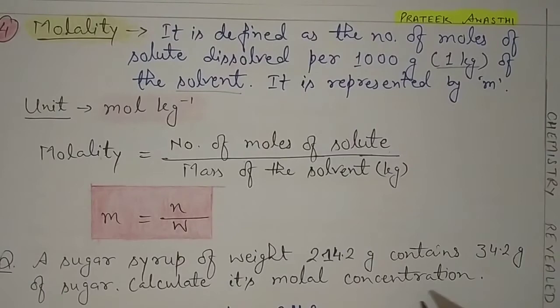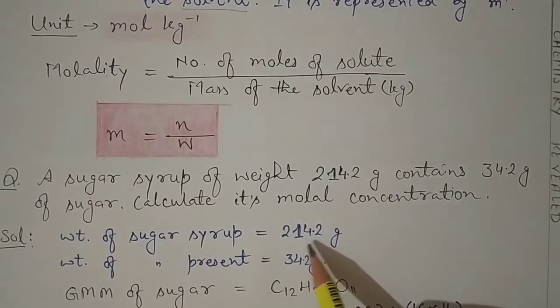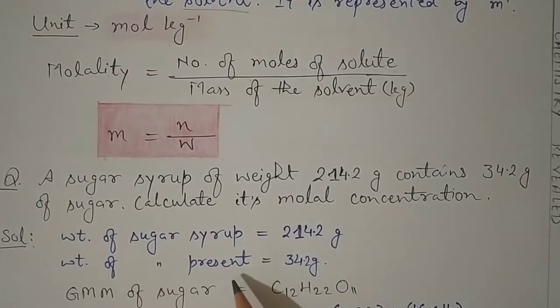Calculate its molal concentration. First of all we should have the weight of syrup and the weight of sugar present in it. The weight of sugar syrup is 214.2 and the weight of sugar present in it is 34.2 gram. Both values are given to us.